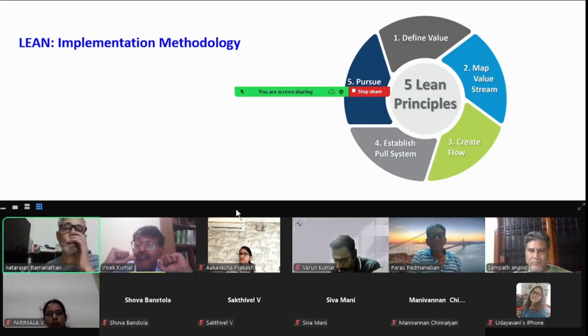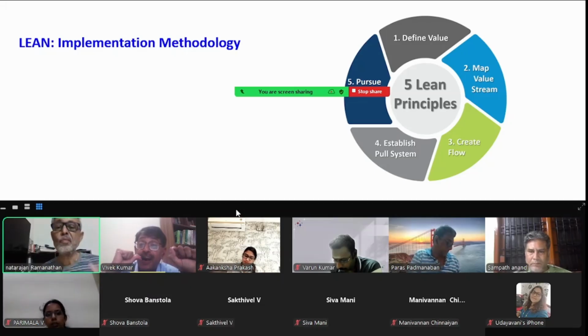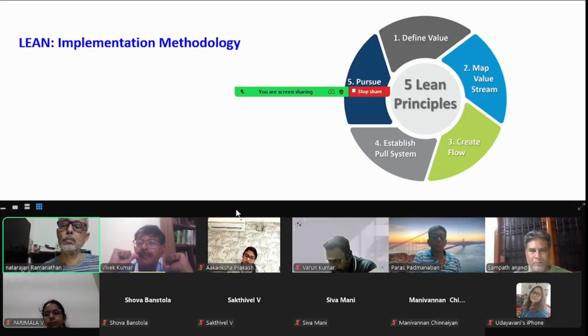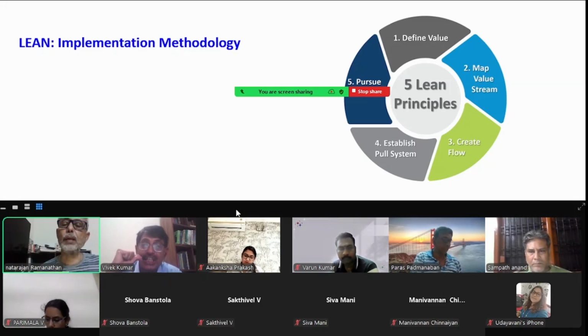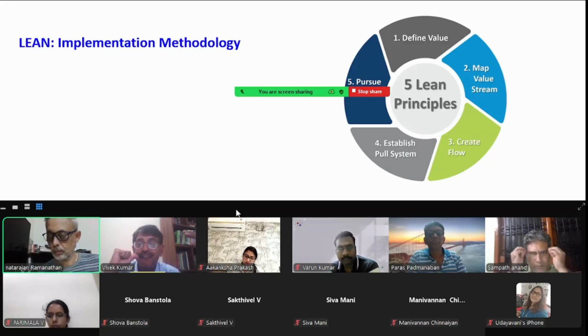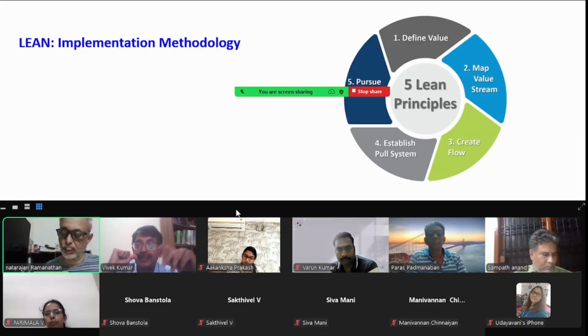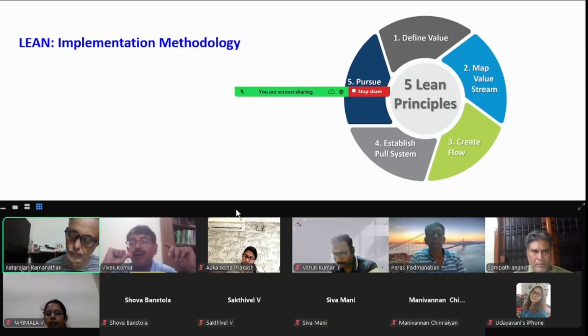What are these 5 phases? Define value. Then the next step is map the value stream. Third step is create flow. Fourth is establish pull system. And then fifth is pursue perfection. That is, always aspire for better and better processes, better and better results.